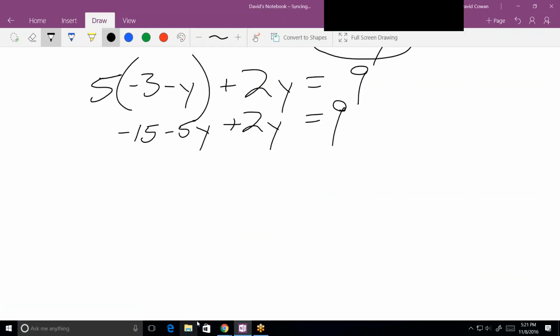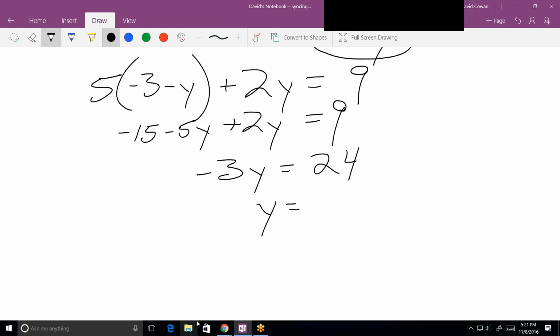So what do we got now? So it's going to be negative 3y equals 24. Negative 3y. And negative 3y. Yeah. Okay, so what's y equal?